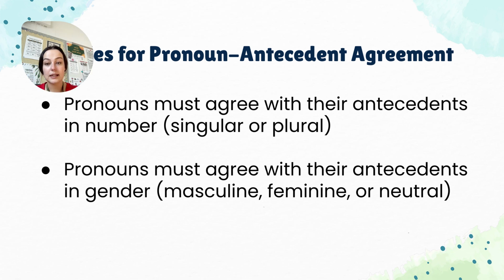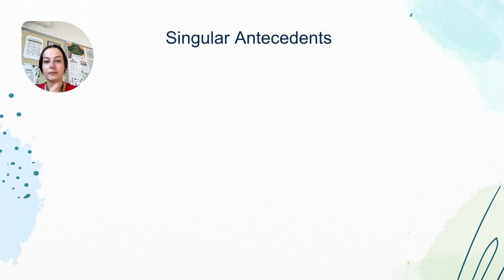If the antecedent or noun is feminine, therefore the pronoun needs to be feminine. Or there are specific instances where it's neutral, okay? And those instances require different sorts of rules. But there is that opportunity for neutrality and for some of these rules to have flexibility.